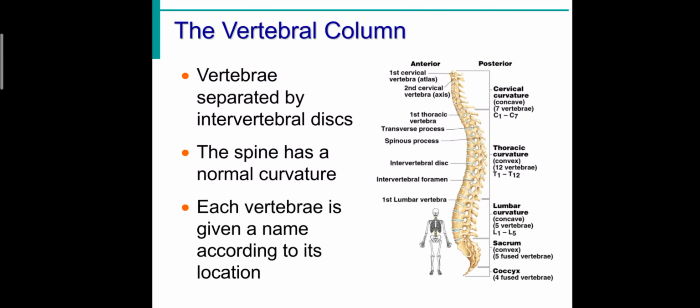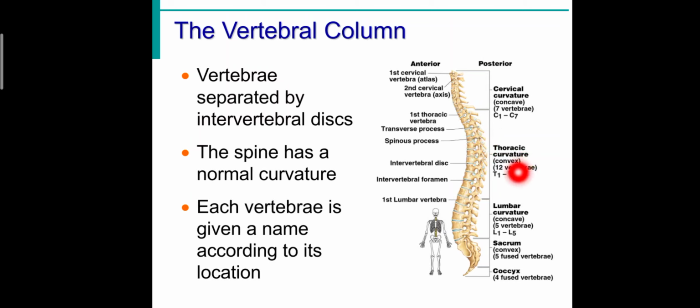The vertebral column, vertebrae separated by intervertebral discs. The spine has a normal curvature. Each vertebra is given a name according to its location. Cervical curvature, concave, C1 to C7.